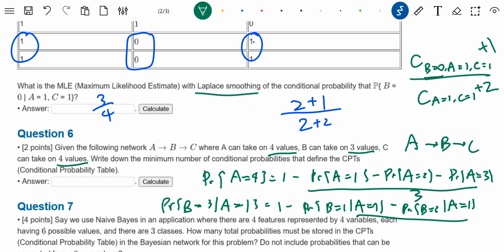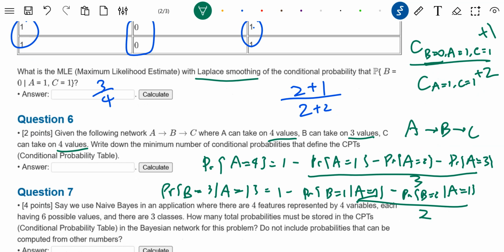So you only need to store 2 for each A, and there are 4 A's, so there are 8 in total. So far we have stored 3 variables for A, and for each A we need to store 2 numbers for B, and you can see the pattern.